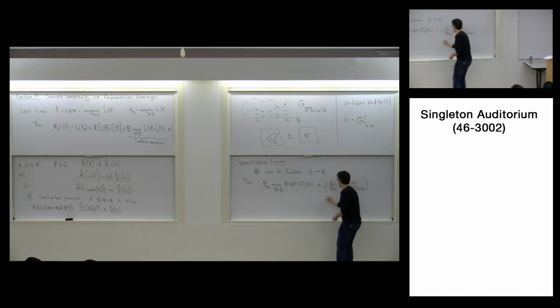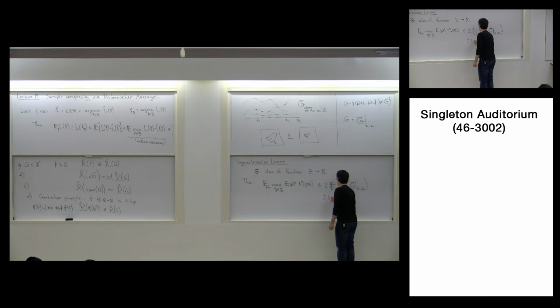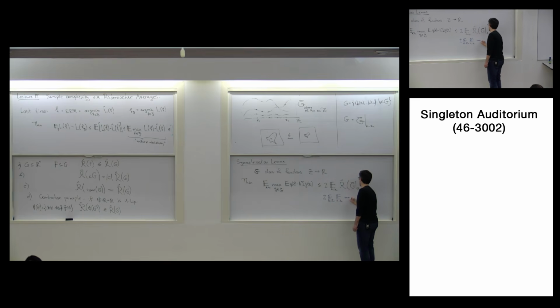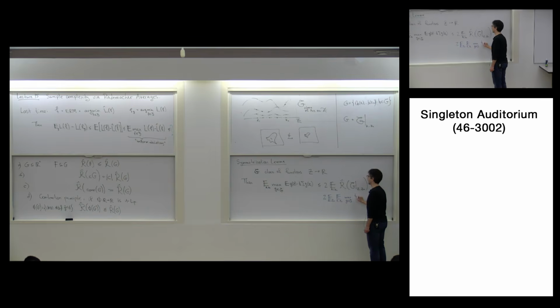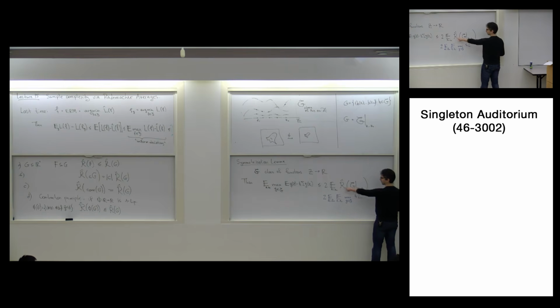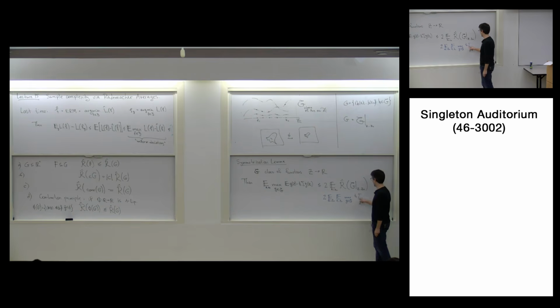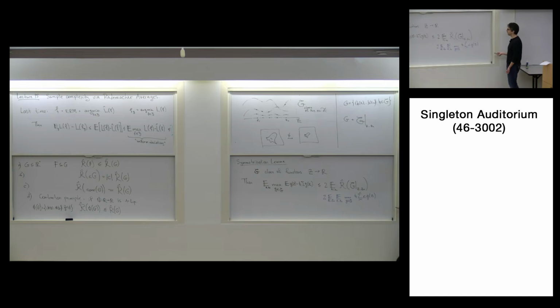Another way to write this is 2 times the expectation over Z1 through Zn, expectation over epsilon 1 through epsilon n, of max over g in calligraphic G of 1 over n, the 1 over n from the definition of the Rademacher average, sum of epsilon i times g of Zi, i from 1 to n.